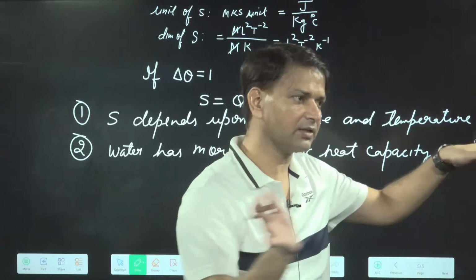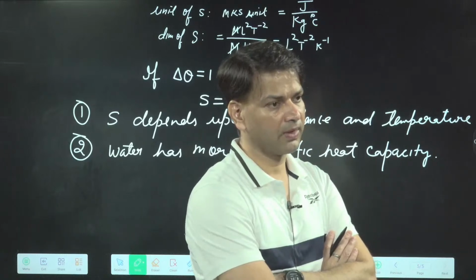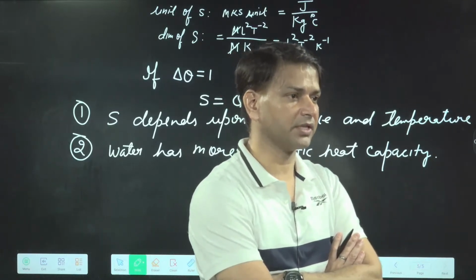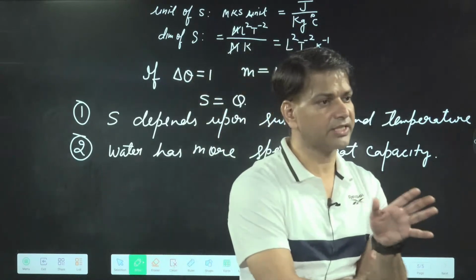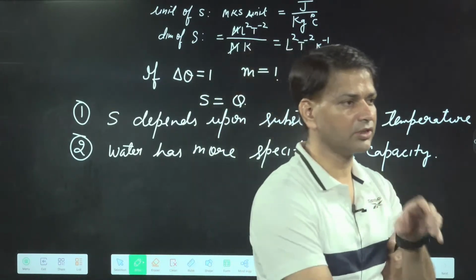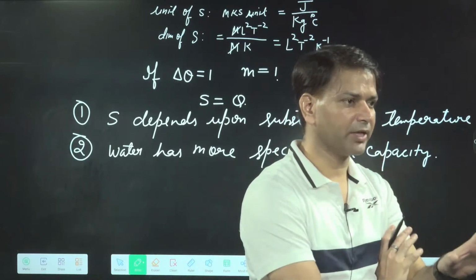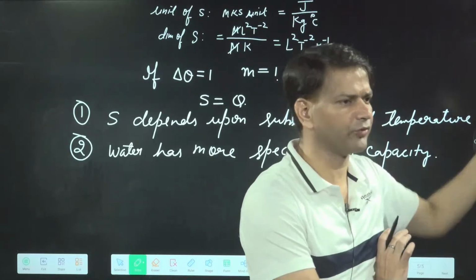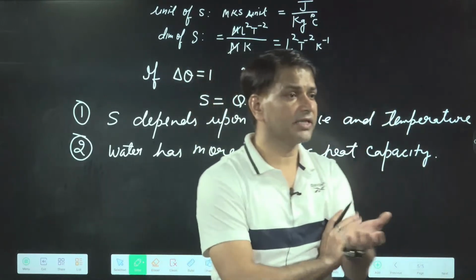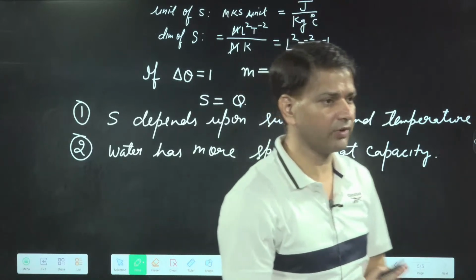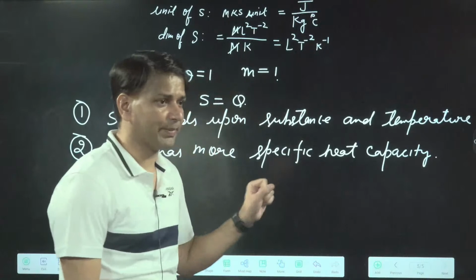If I am supplying the same heat, whose temperature change will be more? The less specific heat substance. Yes or no? So whose specific heat is lesser, its temperature change will be more. Everybody got this, because from the mathematical formula also we can say, whose S is less, its temperature change, delta theta, will be more. Understood?